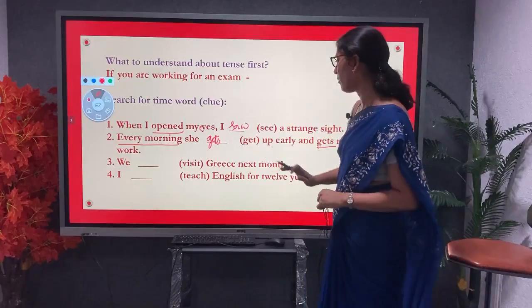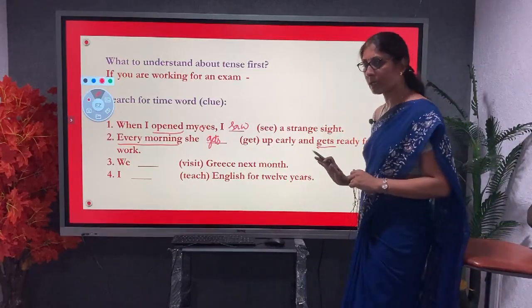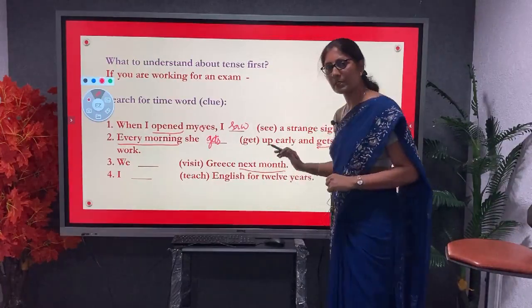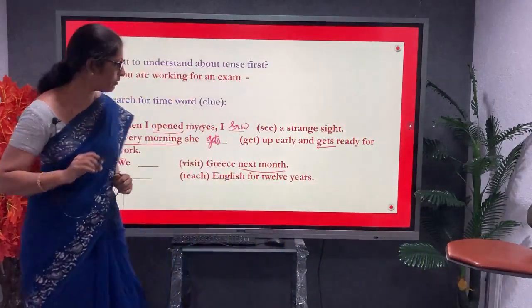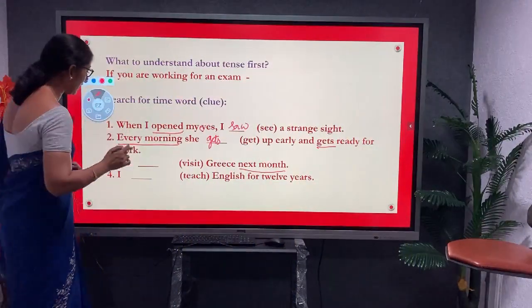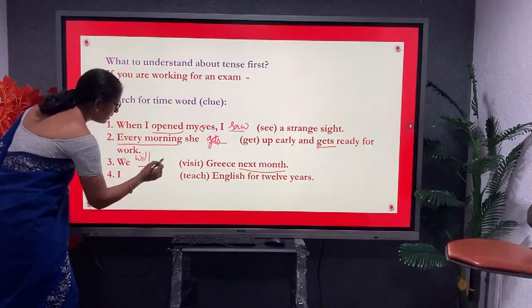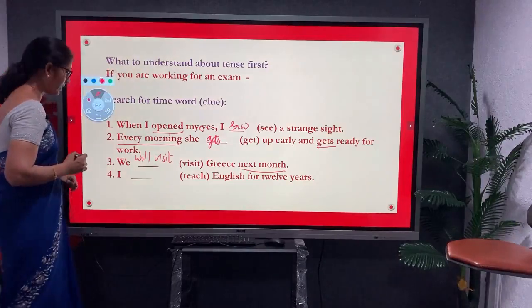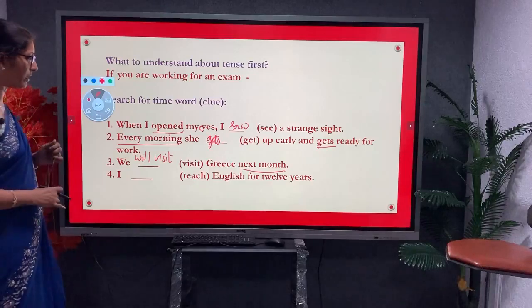Next one, the third one: we dash Greece next month. So what is the time word here? Next month. It's the time word, it's the clue. That means future. So here, future means immediately you have to take the help of the helping verb will and the V1 form, visit. Next one, the fourth sentence: I dash teach English for 12 years.